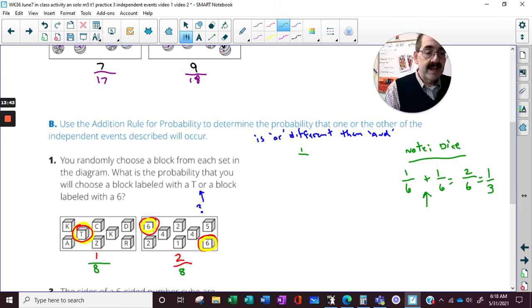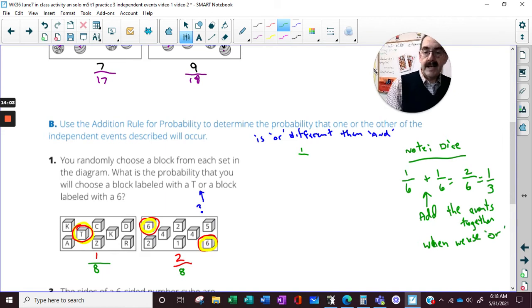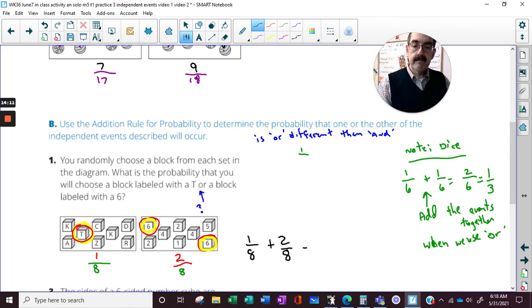We would add the events together when we use or. This is nothing more than 1 out of 8 plus 2 out of 8. So 3 out of the 8 would be the total number of events, right?